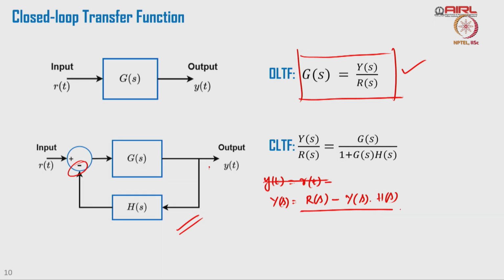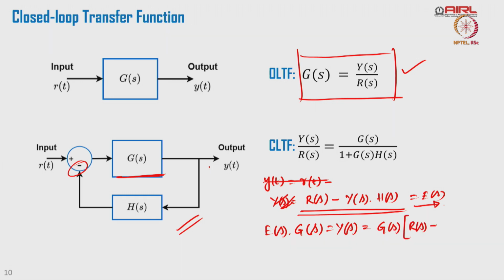Now, this is the error which I was talking about. So, this is the error E(s), right. Now, when this error gets multiplied by this transfer function G(s), we get Y(s), which in turn becomes G(s) into R(s) minus Y(s)H(s), right. So, this is the error signal.